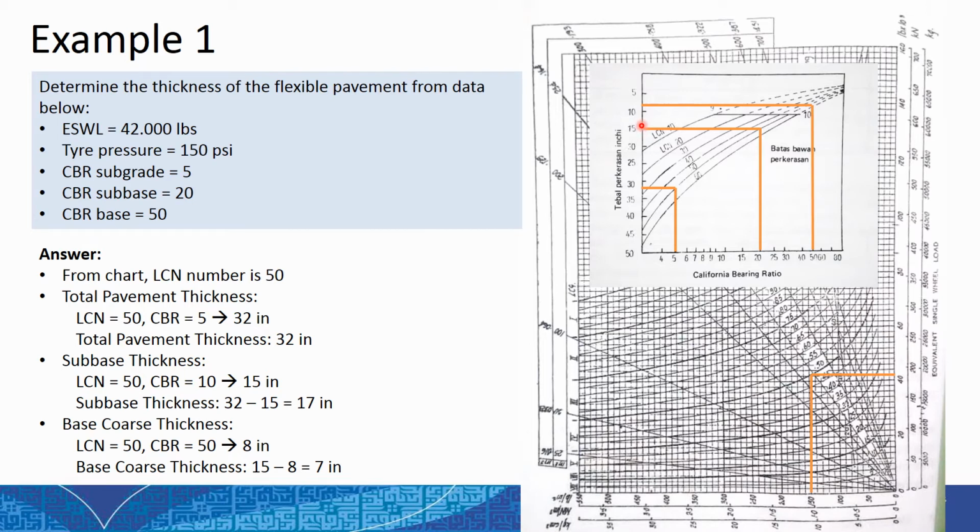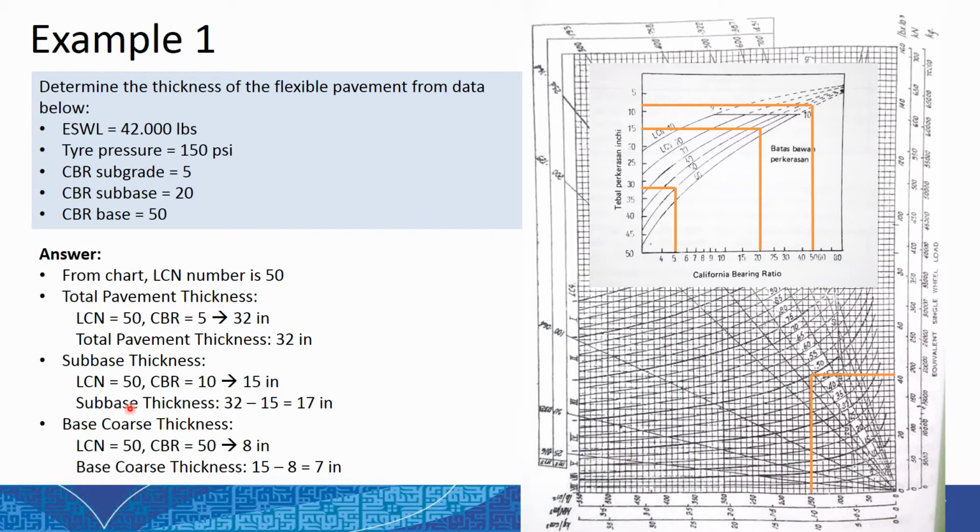From this chart we read the thickness is 15 inches, but for the subbase thickness we have to subtract 15 from 32, the total pavement thickness. So 32 minus 15, we get 17 inches as the subbase thickness.